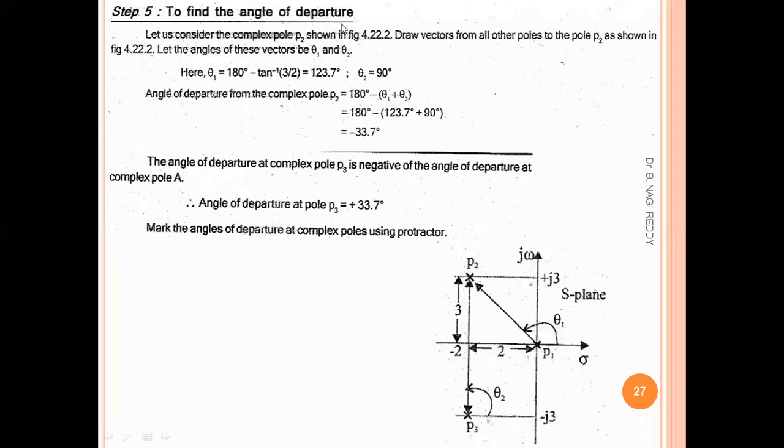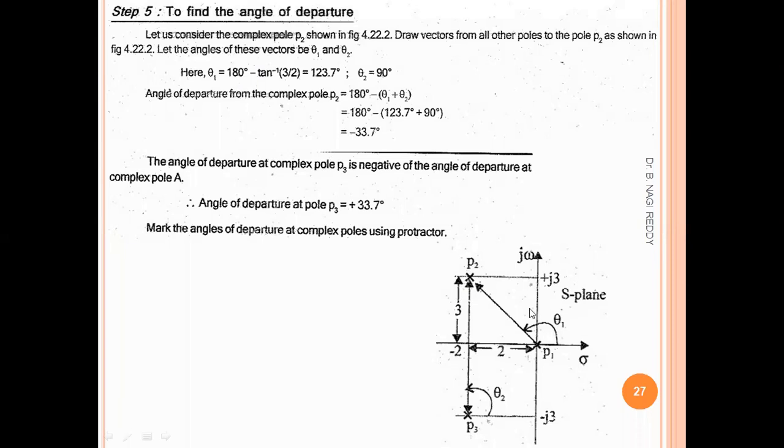We have to calculate the angle of departure, that is for poles only. The formula and the procedure will be the same for angle of departure and arrival, but the word we use for poles is departure, and for zeros is arrival, right?